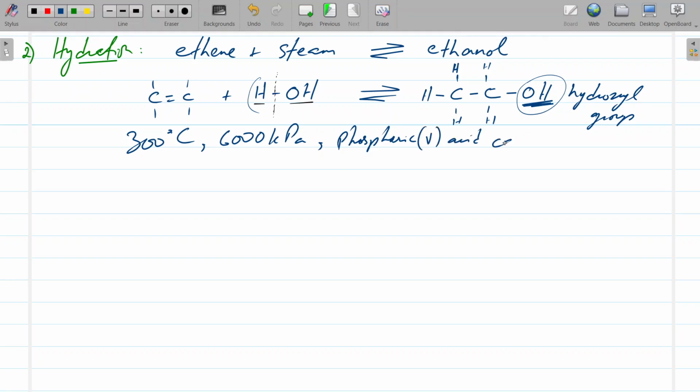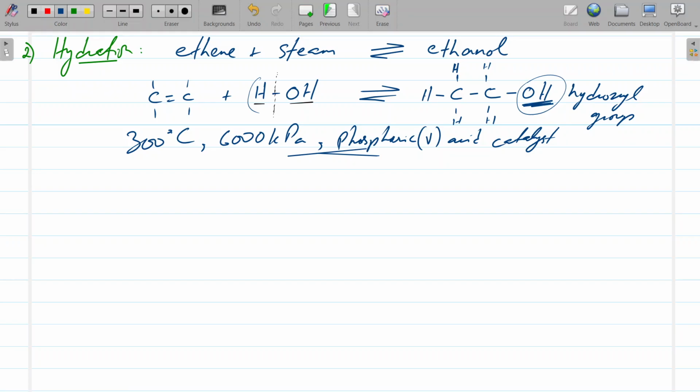Obviously these reaction conditions and requirements are given in the text, but just to highlight them. Clear? Any questions?